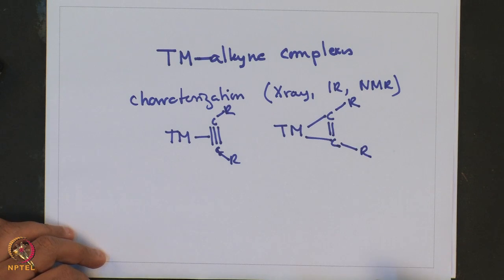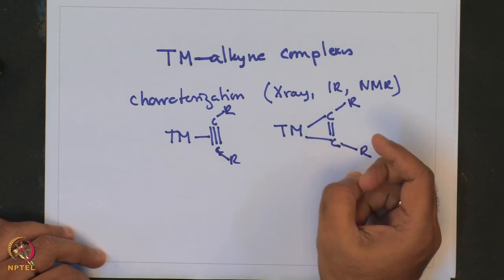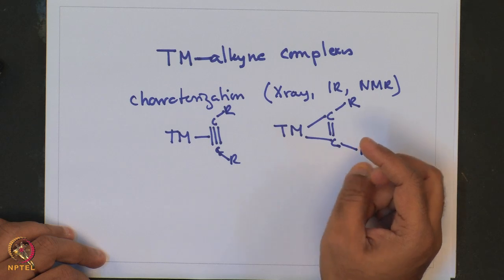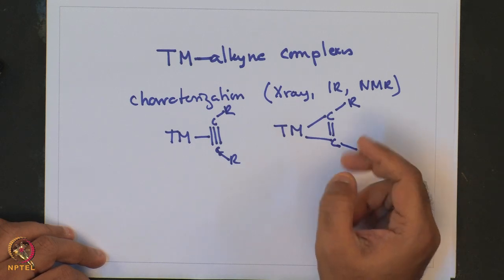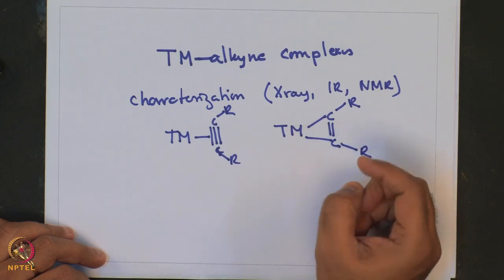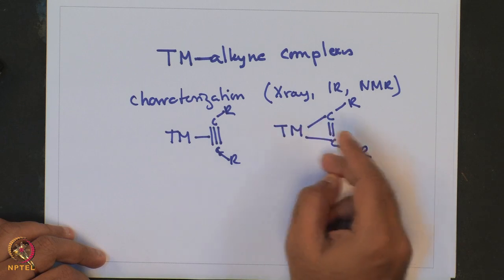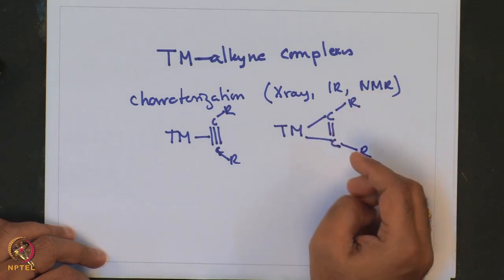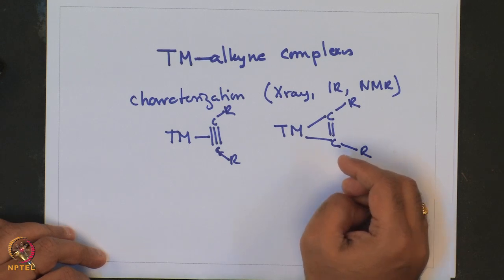We have also seen, apart from this characterization, that these transition metal alkyne complexes have great application, particularly in stabilization of halide substituted acetylenes. Halide substituted acetylenes are extremely explosive in their free state, but when complexed to a transition metal, they form a stable metallocyclopropene kind of intermediate, and then these complexes become less reactive and less explosive.